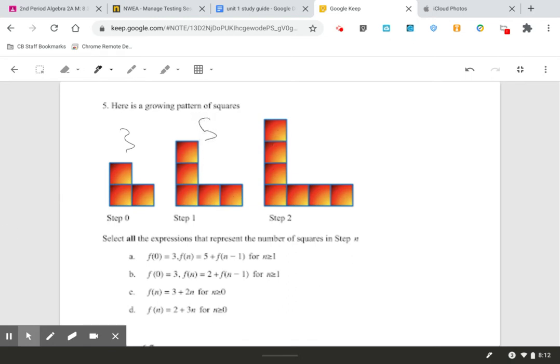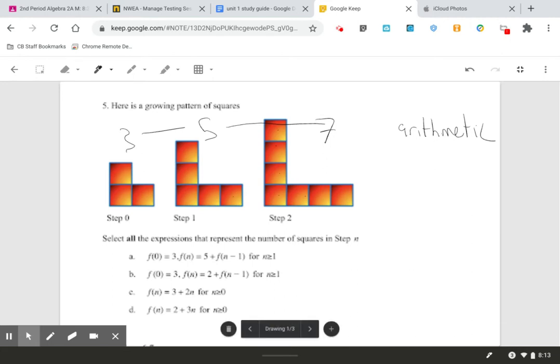And then 1, 2, 3, 4, 5, 6, 7, 7 here. So we go from 3 to 5 to 7. That appears to make this an arithmetic sequence. Why? Because we're going up by 2s, 3 to 5 to 7.